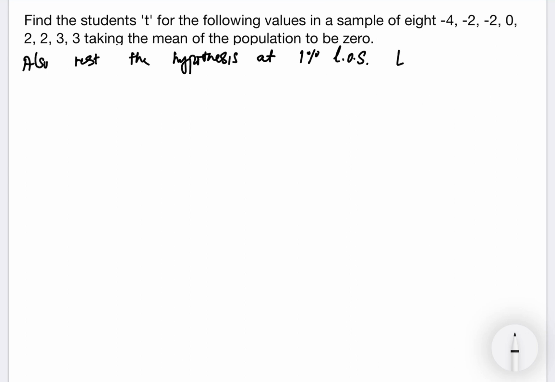The critical value at 1% level of significance with sample size of 8, or 7 degrees of freedom, is given to be 3.5.